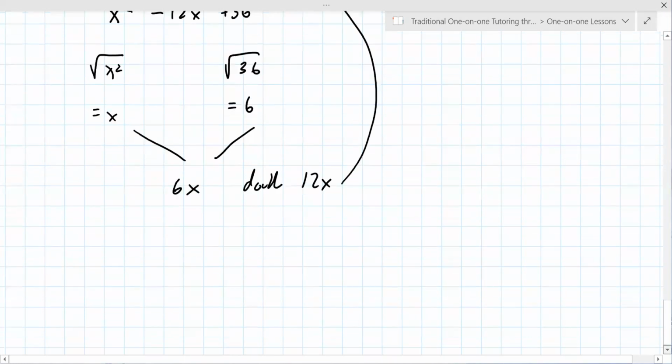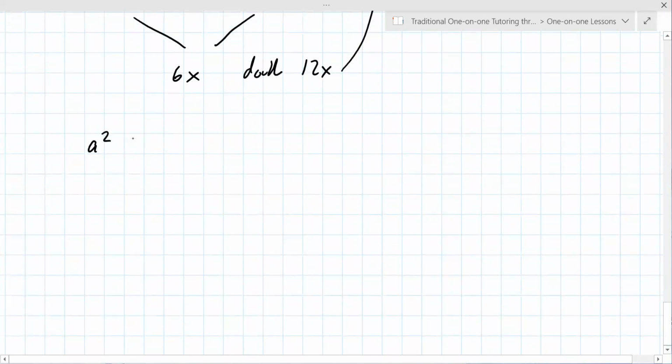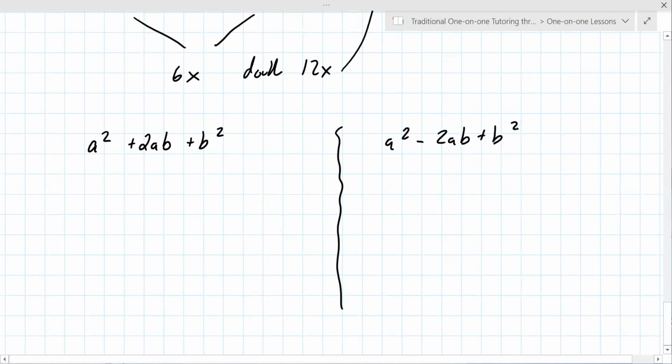It's a squared plus 2ab plus b squared, or it's a squared minus 2ab plus b squared. So in your last problem, it becomes a plus b squared, and then this one is a minus b squared. So it's either got to be plus plus or minus plus. The minus turns into this minus, this plus turns into this plus.